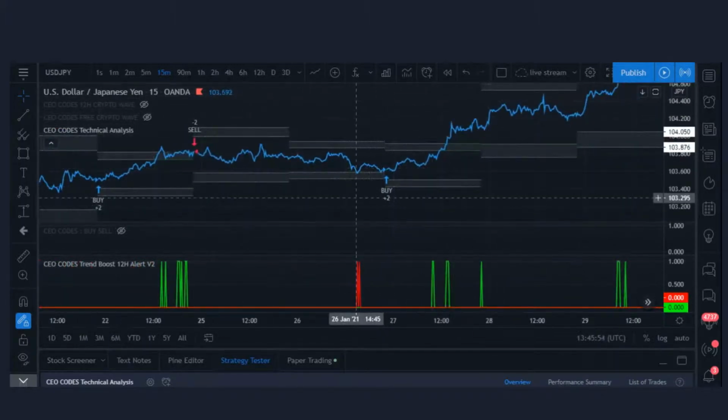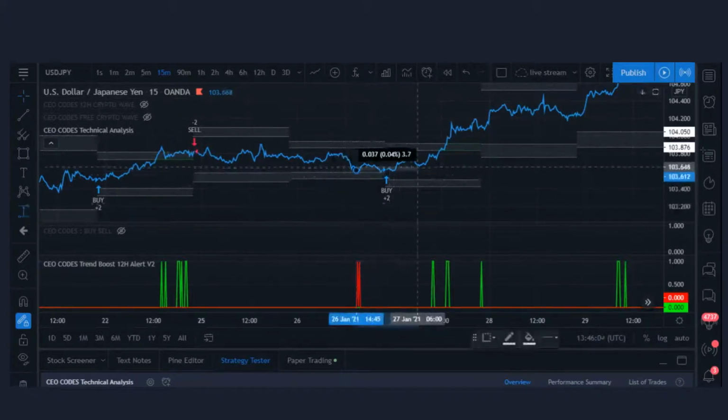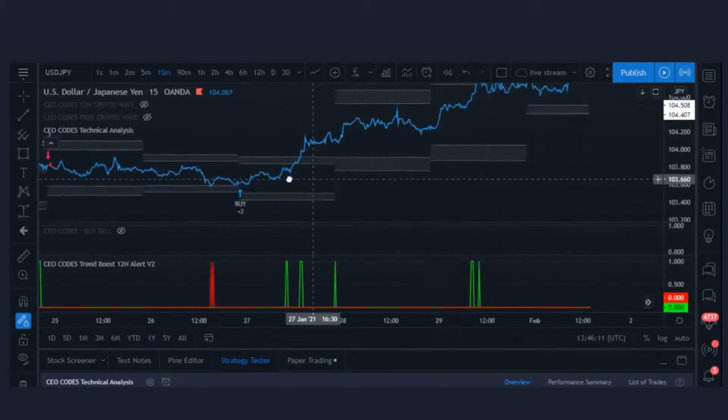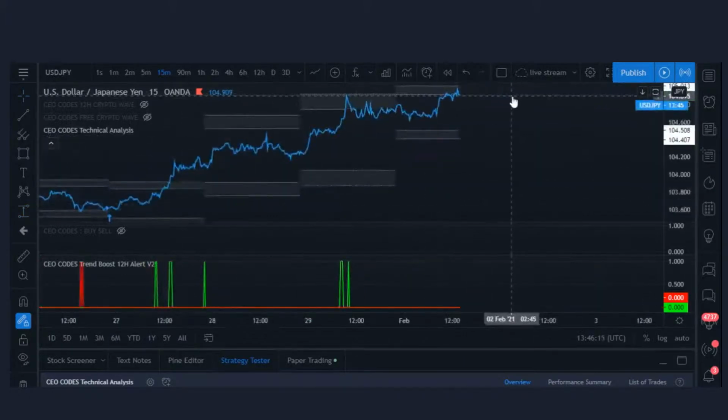If you have a look here at this short, you think this short goes a little bit late, but if you take the short from here and then go long from here, yes, you will lose 3 or 4 pips, but you will make 128 pips with the trend. Did you get my point? This indicator does not repaint.